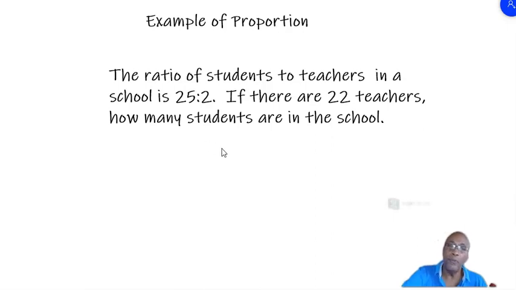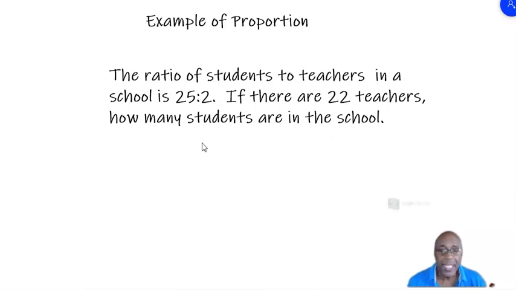As we saw before, that means that the fraction of students to teachers is 25 over 2. And the fraction of teachers to students is 2 over 25. So that's the first ratio. If there are 22 teachers, how many students are in the school?